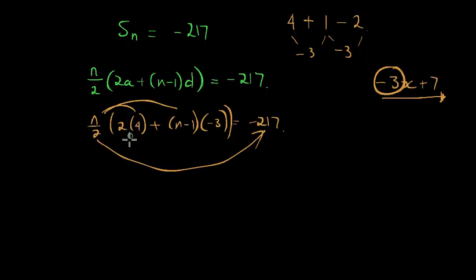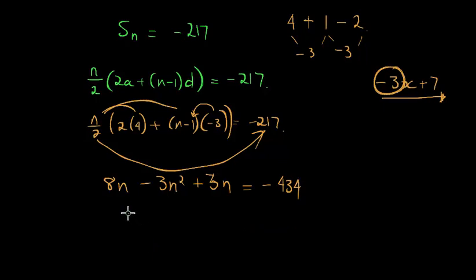So I get 2 times 4 is 8n plus this negative 3 makes it negative 3n squared, and then the negative 3 times that 1 gives me positive 3. So plus 3n is equal to, and then I just double the other side, which is negative 434.